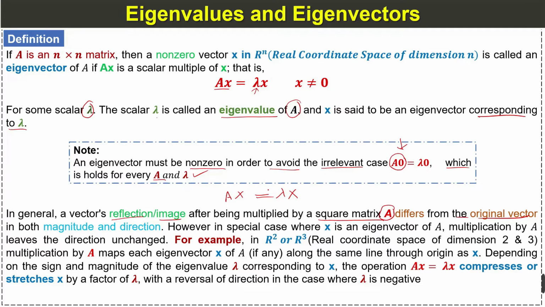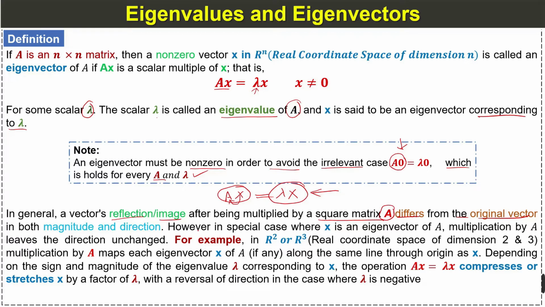After being multiplied by the matrix A, the image of this vector will differ from the original in both magnitude and direction. We will see this with the help of a graphical representation.